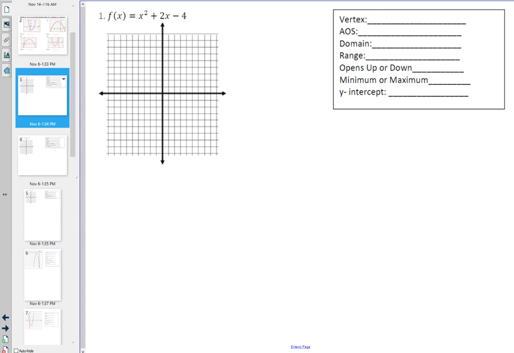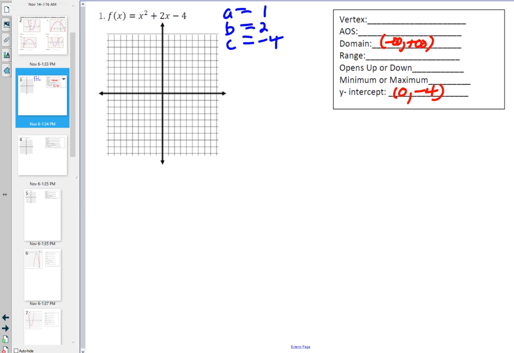All right, so the difference with standard form is instead of identifying A, H, and K, we identify A, B, and C. So A here is 1, B is 2, C is -4. We're given the y-intercept right off the bat, and we know the domain is -infinity to +infinity.